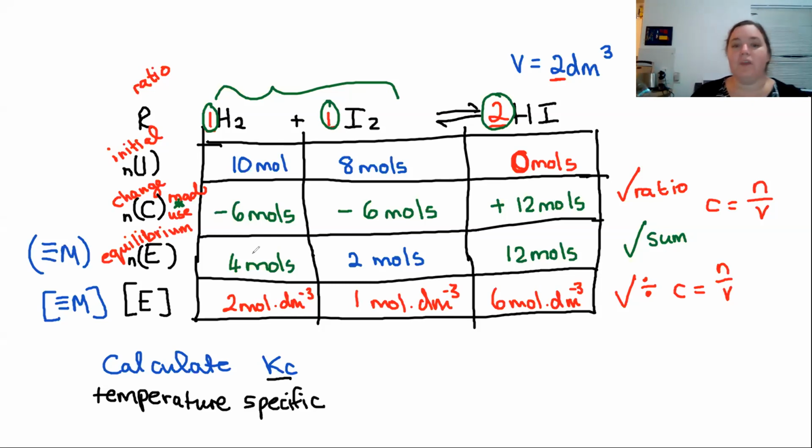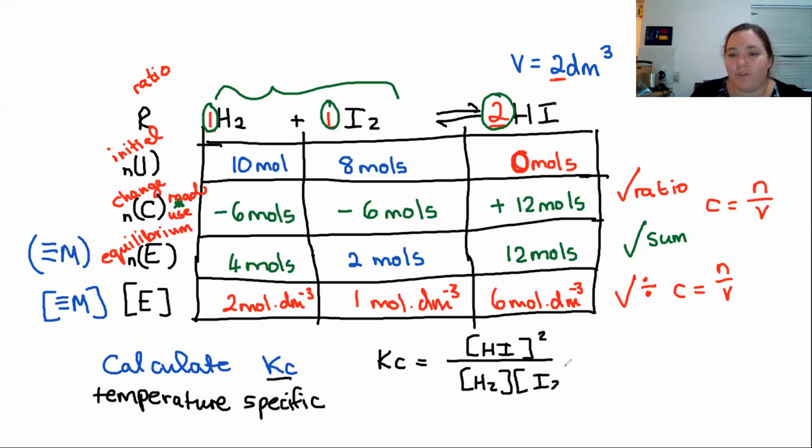You ignore it. So now what we're going to do is we're going to put in that expression for Kc that we worked out earlier. Kc is equal to the concentration of HI squared divided by the concentration of H2 times the concentration of I2. There's your next mark. And then there is a lovely mark for substitution.